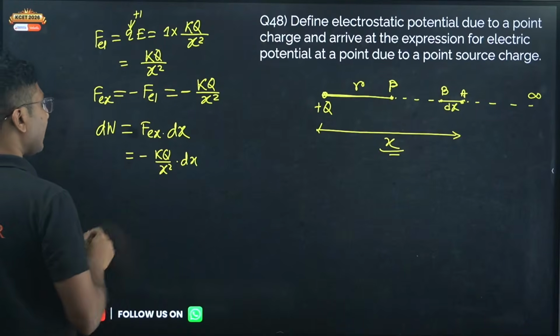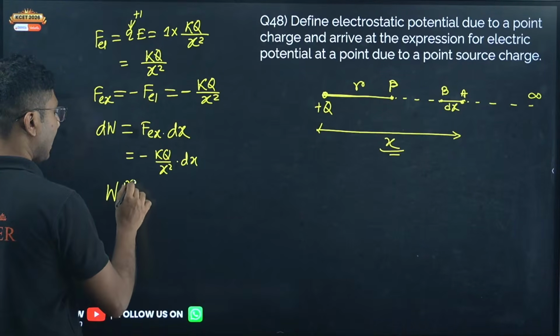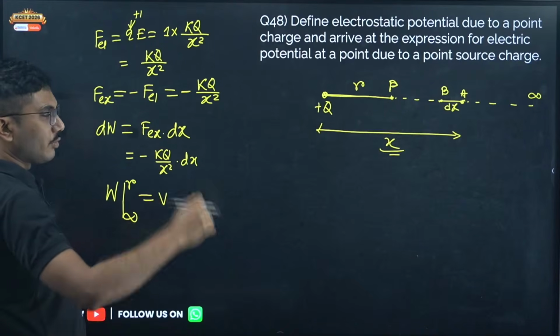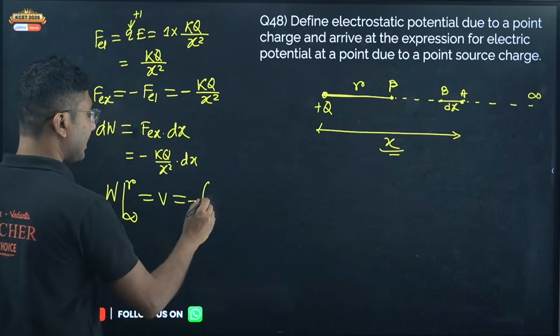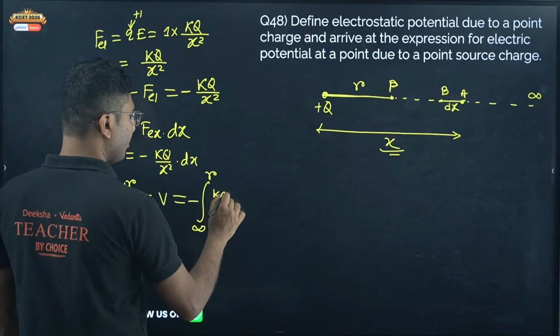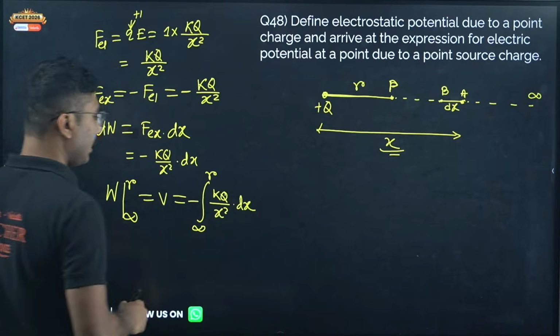Now total work done to bring it from infinity to this point r is called electric potential. That means it will be minus integral from infinity till r of KQ by x square into dx. Okay, now what?